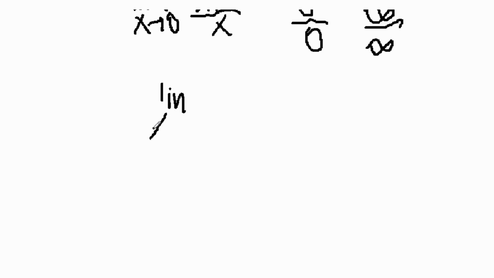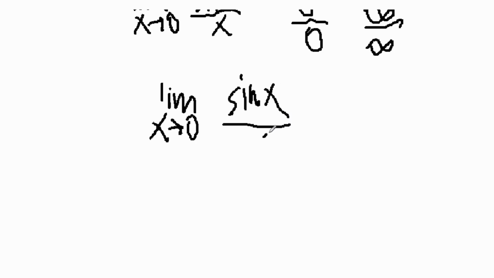So let me rewrite it. If we go back to our original example, this time we'll take the derivative of sine x and x. The derivative of sine x is cosine x, and the derivative of x is simply 1.